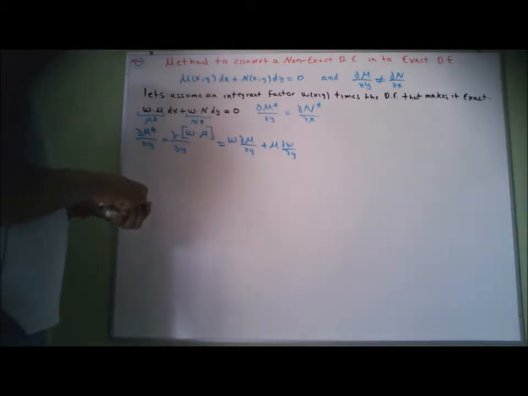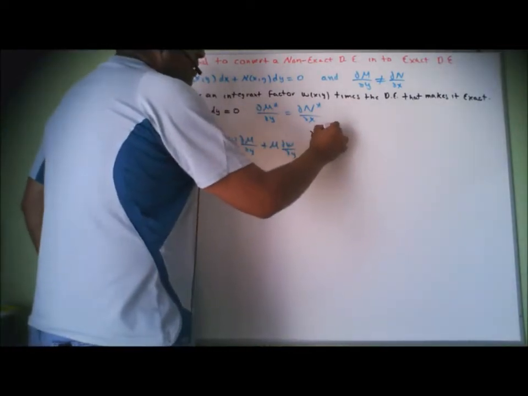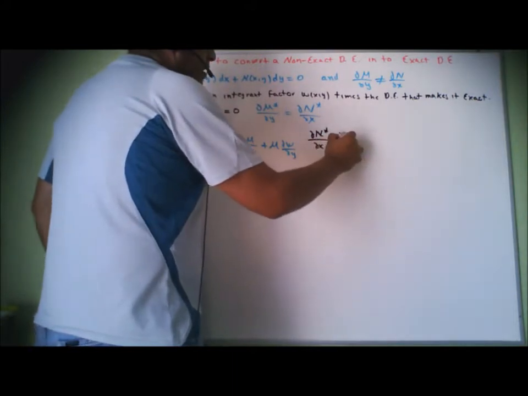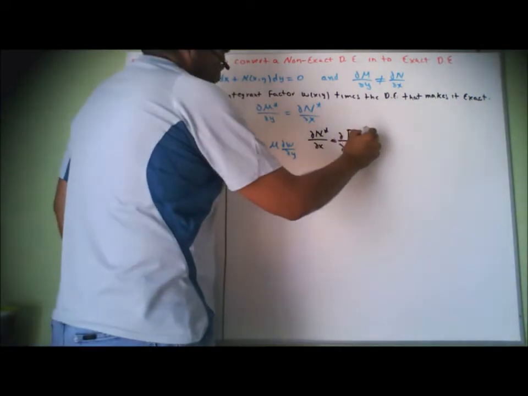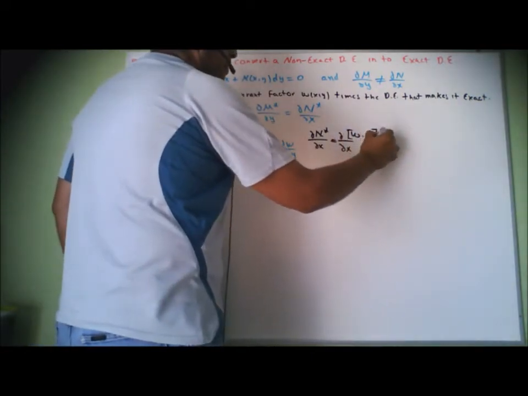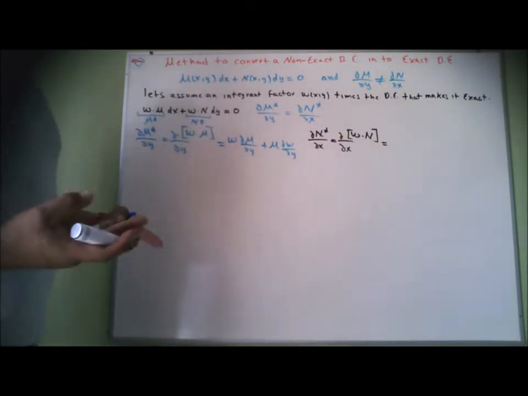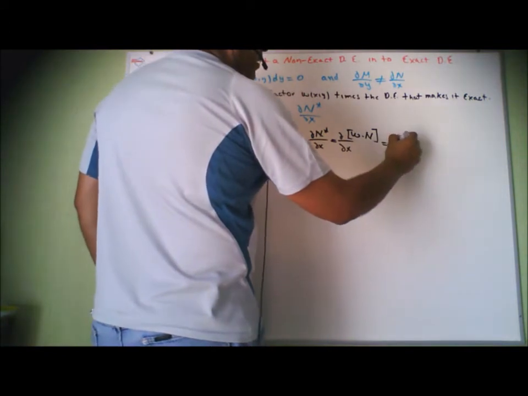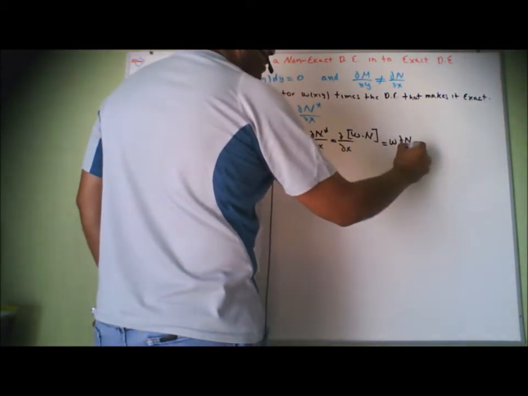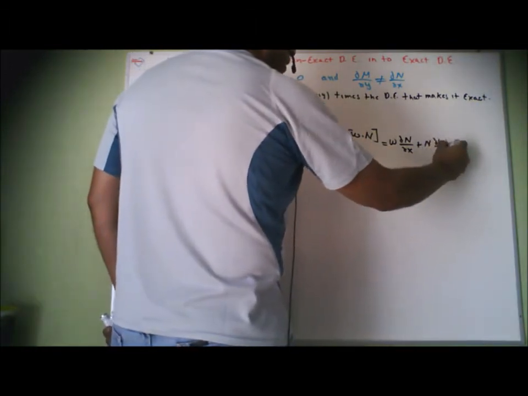Now let's do the partial of N star with respect to x, where N star is w times N. Remember that w, N and M are functions of two variables. Because we have a multiplication, it's going to be w times the partial of N with respect to x plus N times the partial of w with respect to x.